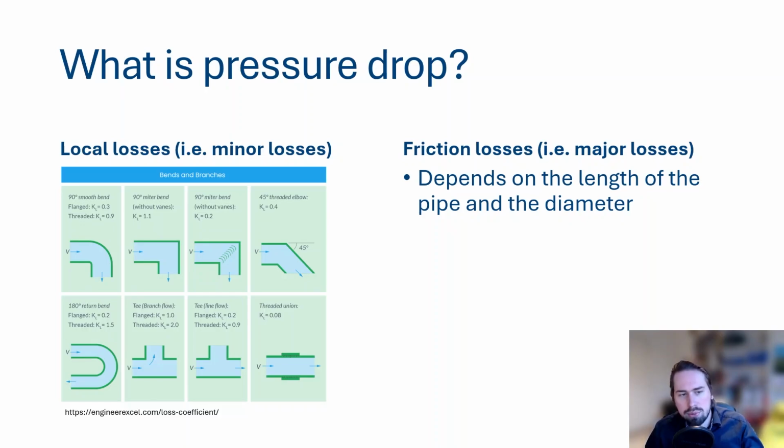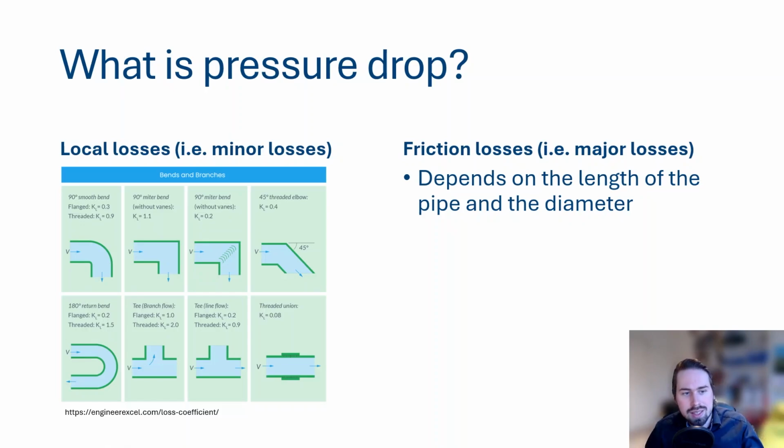So as you can see, if we have, for example, a smooth 90 degrees bend, in case it's a threaded connection, we have 0.9 as a factor. When we have just a right angle, we have 1.1.